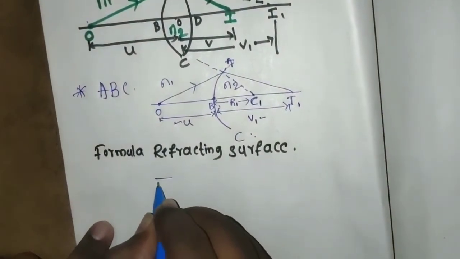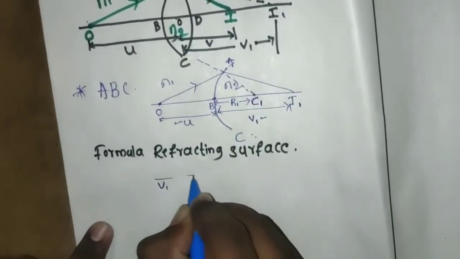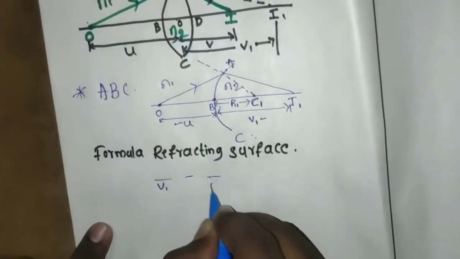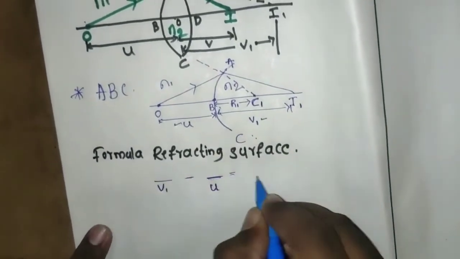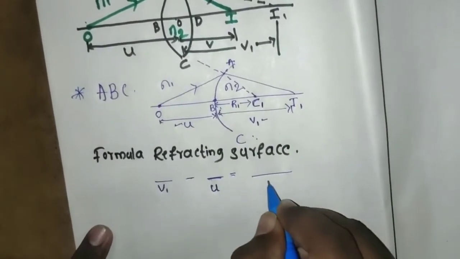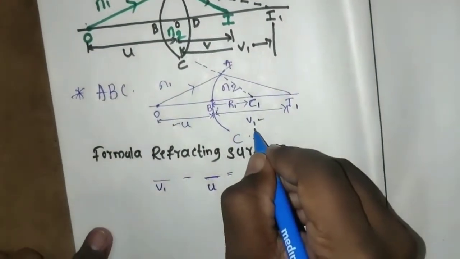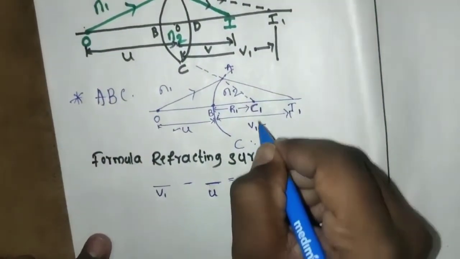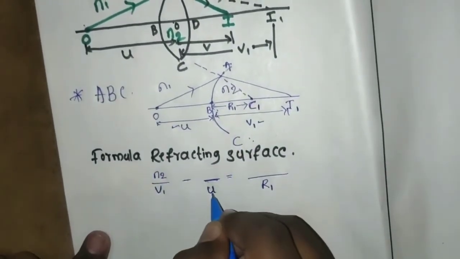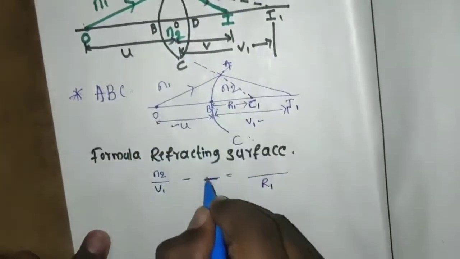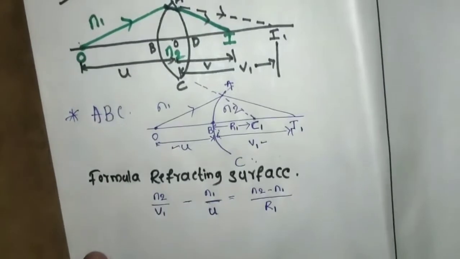First write the image distance for ABC, V1, minus the object distance u, equals, divided by, in the denominator write the radius of curvature R1. This V1 is the image distance formed in medium n1, and this is the object distance placed in medium n1. So just write n2 minus n1.